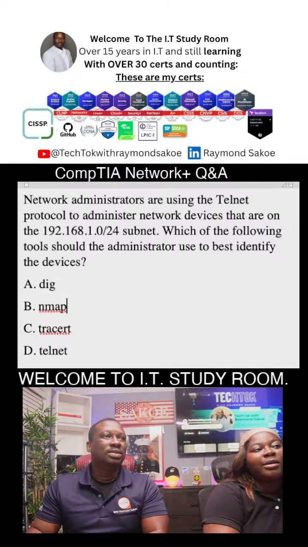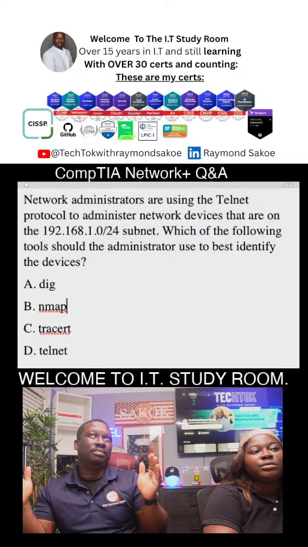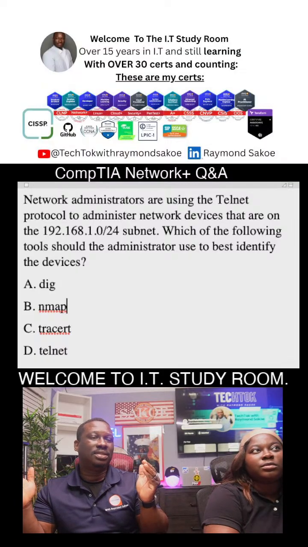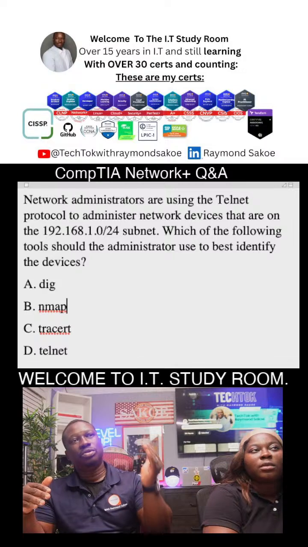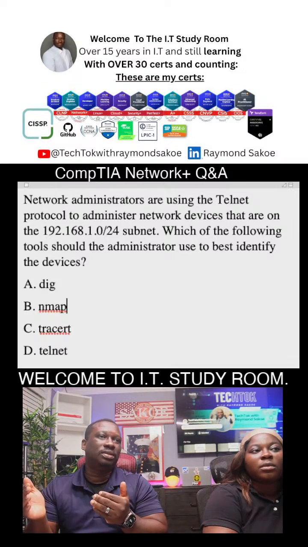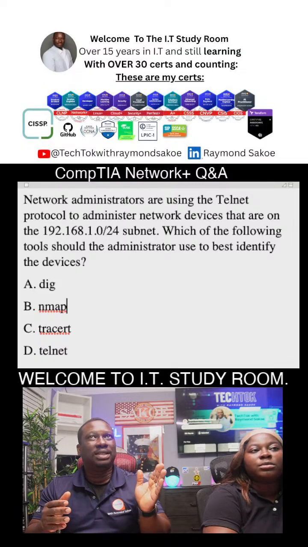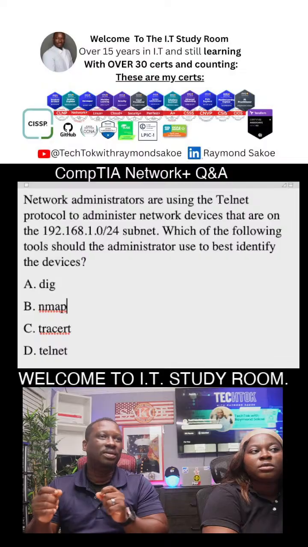So you use nmap -p and then the subnet or the IP. It's going to go through the whole subnet and tell you what protocol that device is using. If you do -p, you want to specify the port.